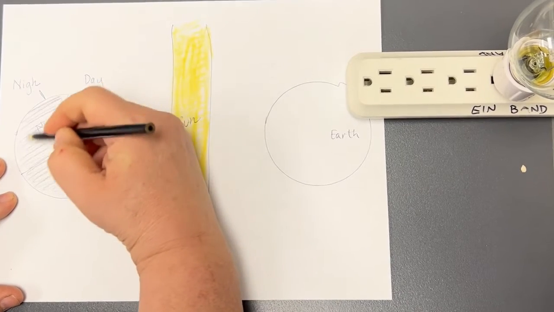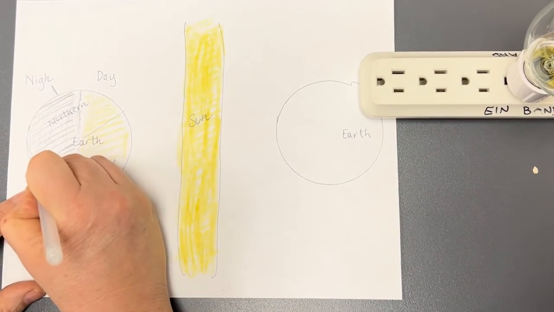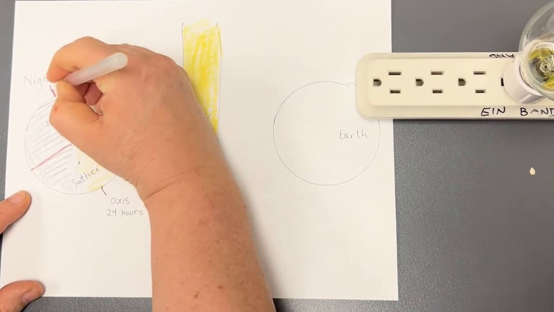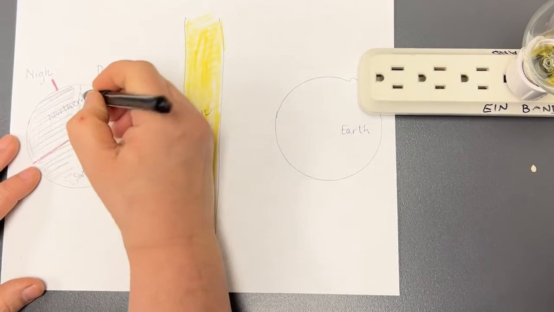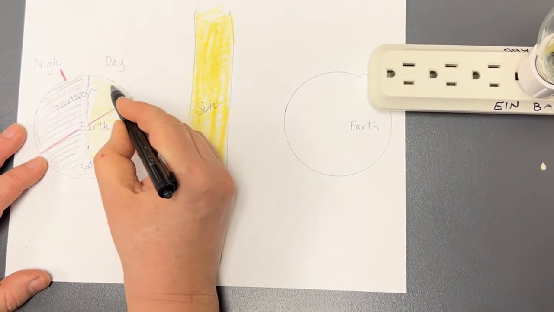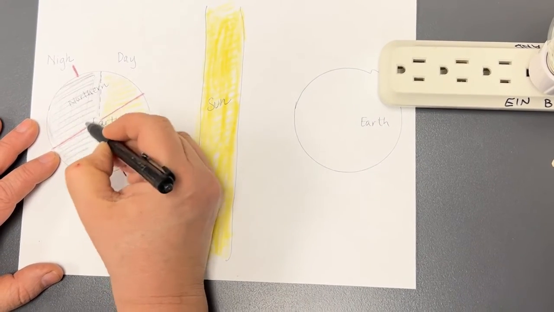Okay. Now, again, our northern hemisphere is this line that kind of angles like this, again, because of the tilt of our Earth on its axis. So if I look closely, in the northern hemisphere, there is much less of the pie that is light, much more of the pie that is dark.